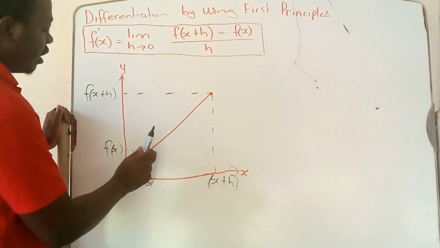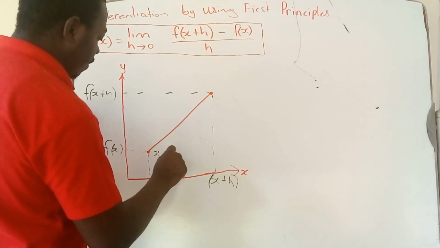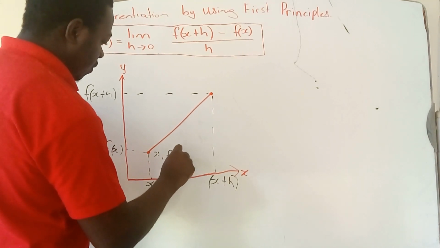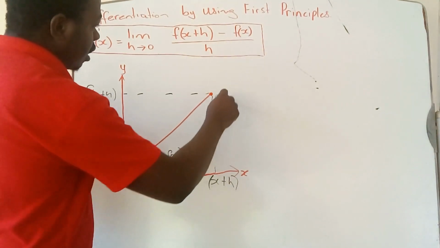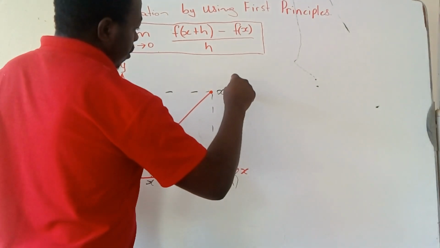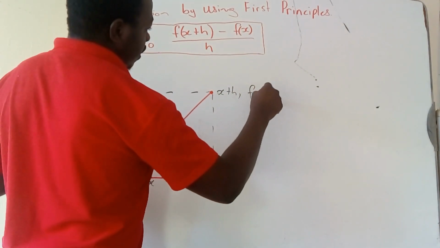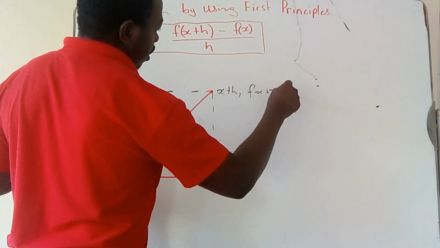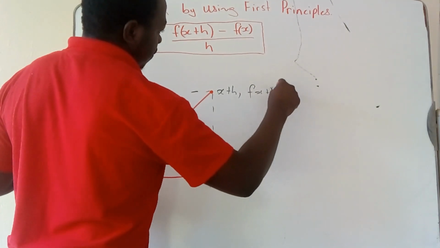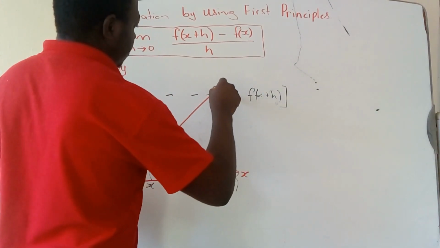So that means the coordinate for this point would actually be x comma f of x, and the coordinate for this point would be x plus h comma f of x plus h, right? So that would be the coordinates there.